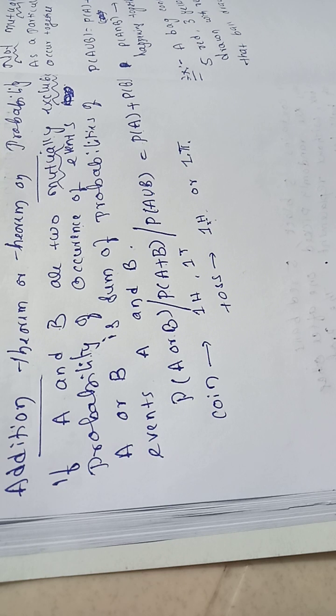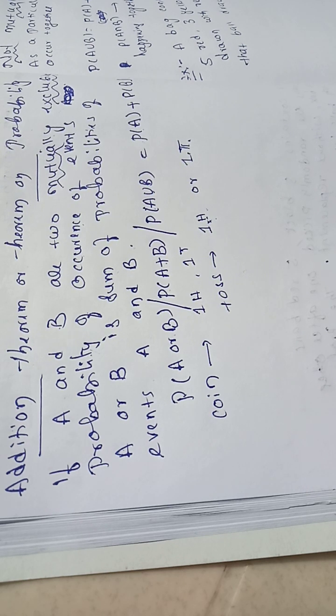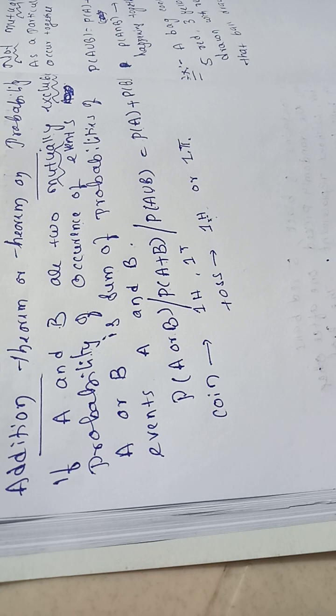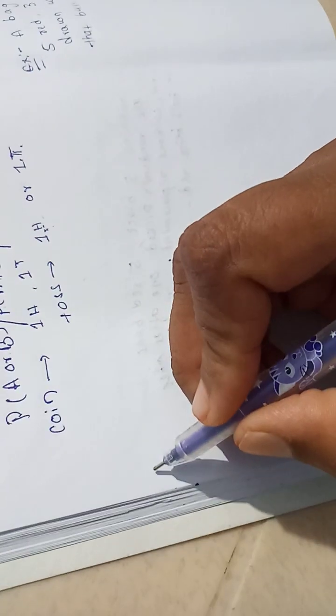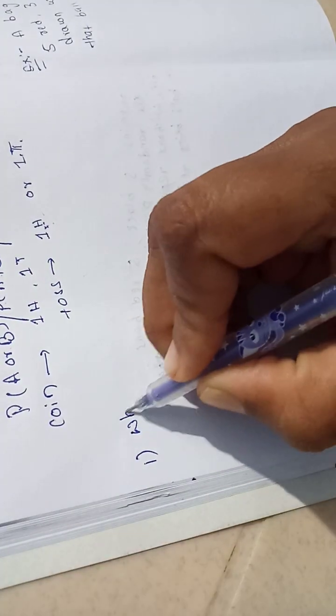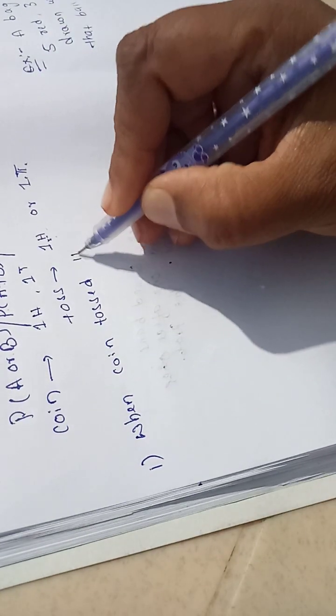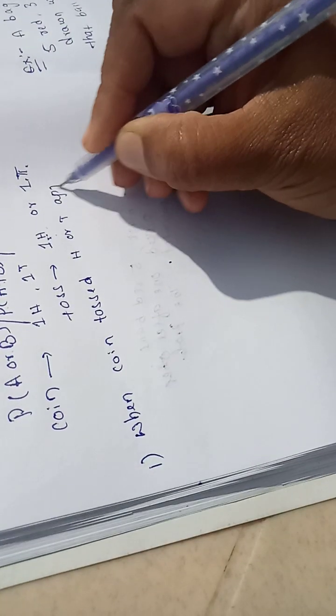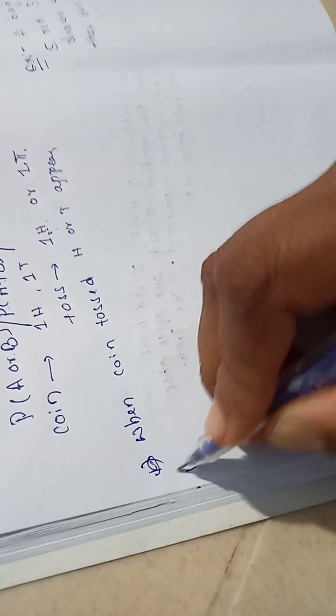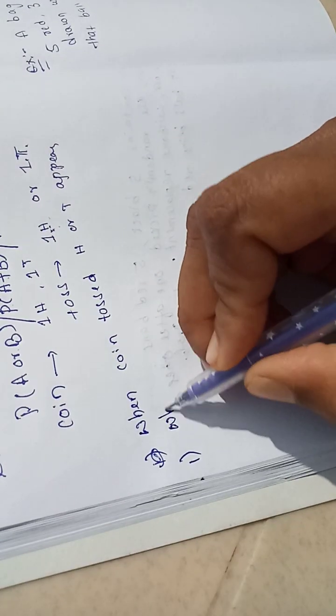Now next, for more understanding, let us do some example problems. The first one: when a coin is tossed, either head or tail appears. Now let us take a dice.